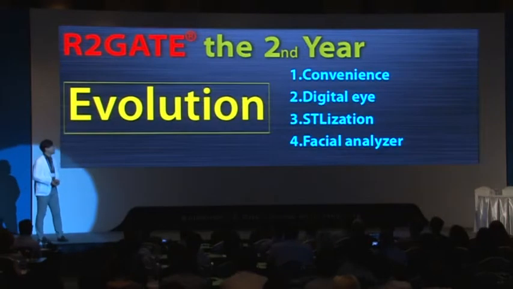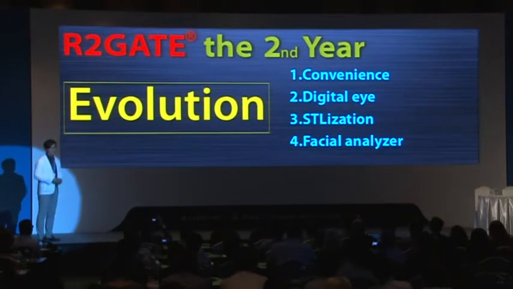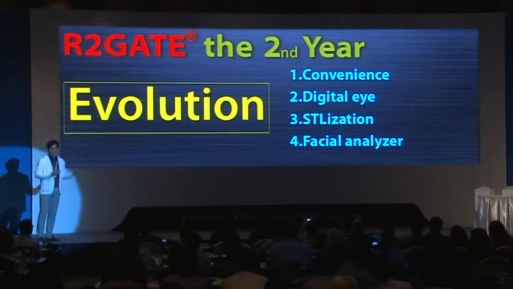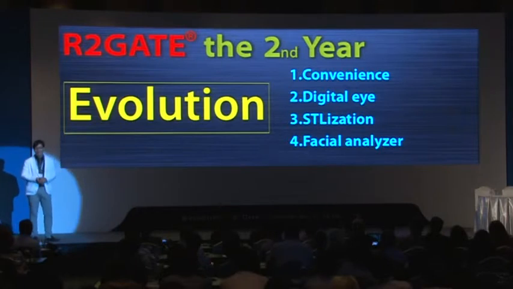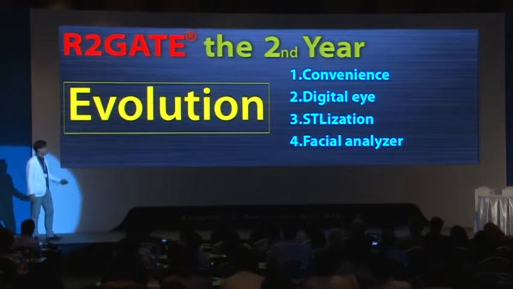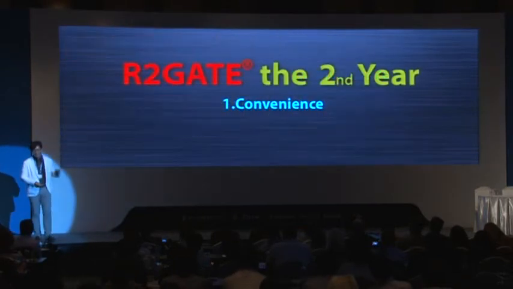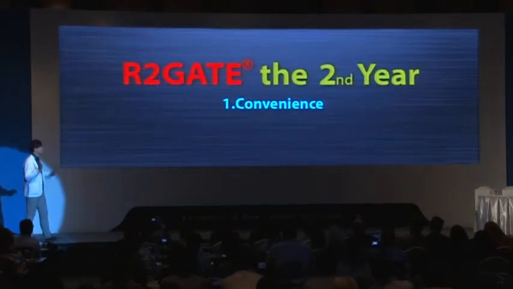This year's keywords are these. First, convenience. Second, digital eye. And third is sterilization, a newly coined word made by me. Sean told me this is Konglish. And fourth is the facial analyzer. So let's look over these four categories.